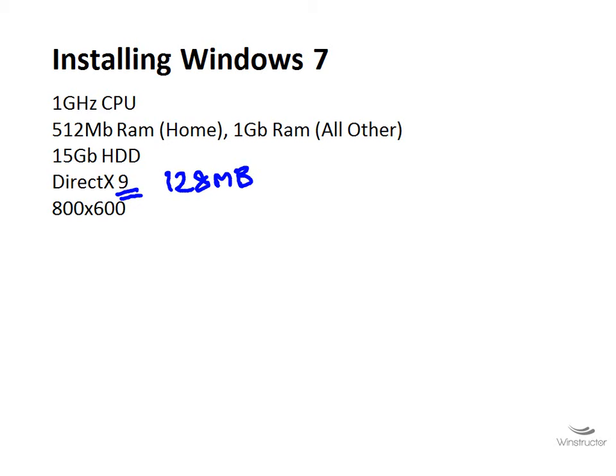But if you really want to enjoy your computing experience and you don't want to be sitting around, you won't use a 1 GHz CPU for a start, and we won't be settling on 1 gig of RAM. So in my opinion, you're going to want at least a 2 GHz CPU and at least 2 gigabytes of RAM.